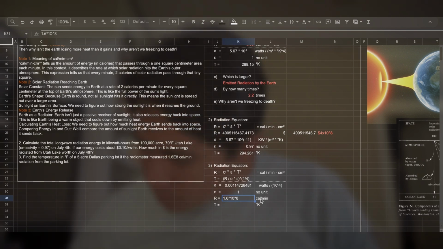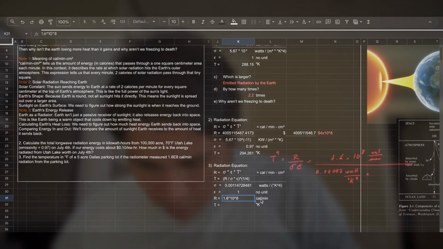So T is equal to the radiation, 1.6 times 10 to the 8th, over 0.001147 watts per degrees Kelvin to the fourth, times there is in 1 watt 14.33 calories per minute, and then all of that times 1, which is the emissivity.